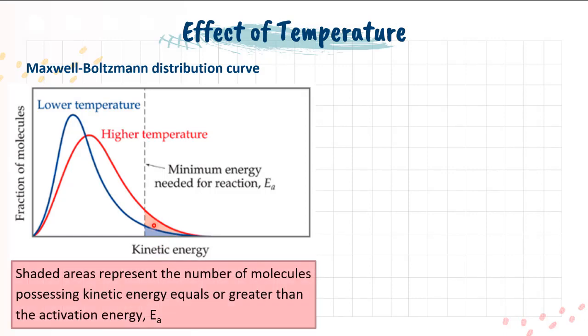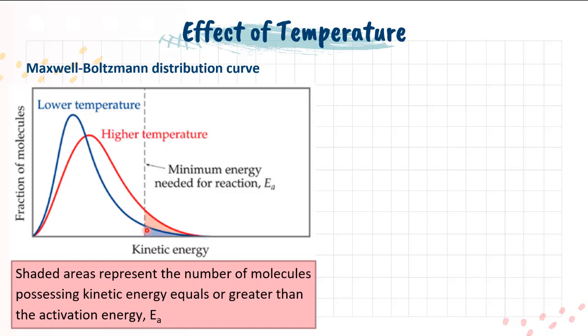This shaded area represents the total number of molecules which have kinetic energy equal to or greater than the activation energy. That means those under this shaded area are the molecules which successfully overcome the activation energy, and the reaction happens.